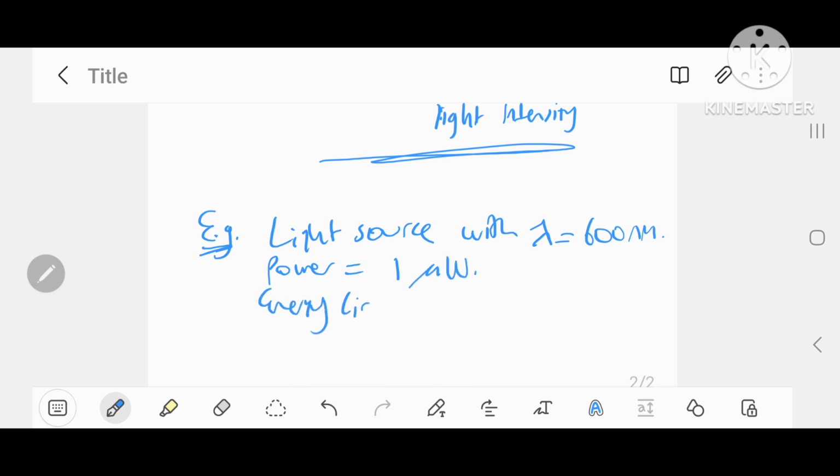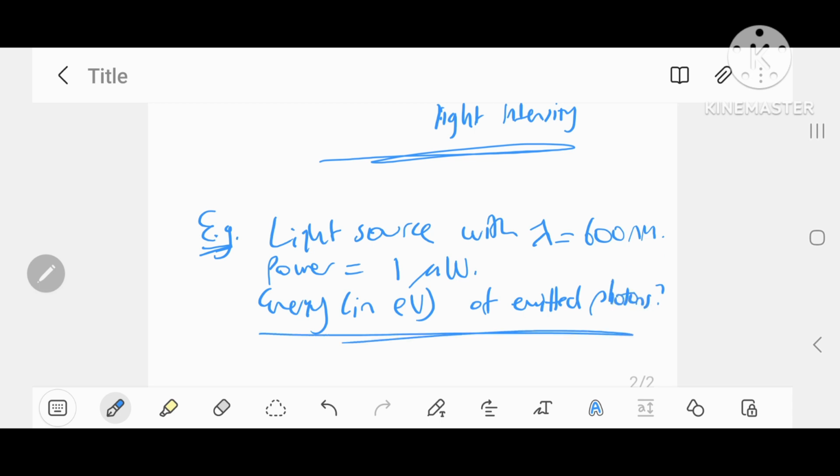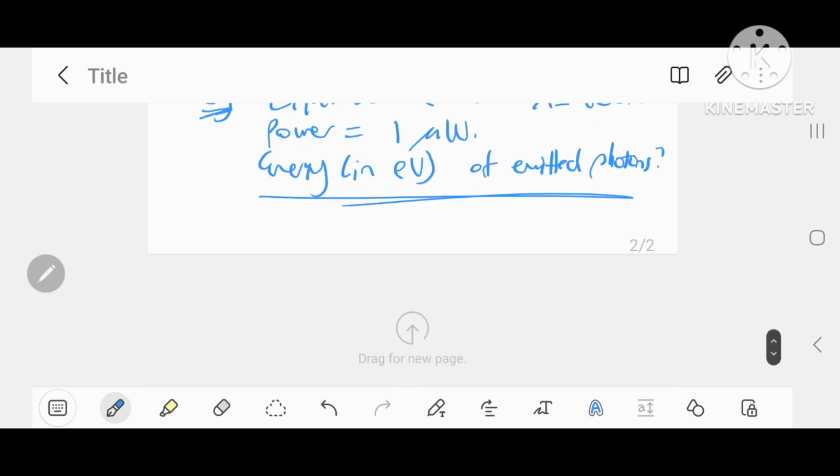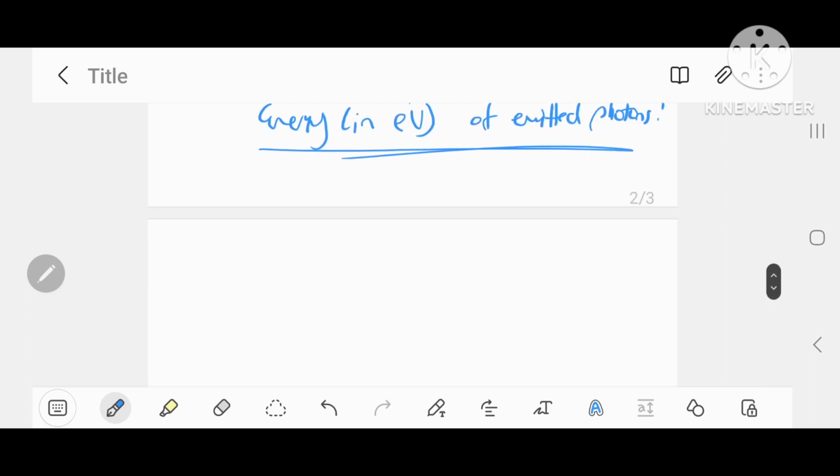What is the energy in electron volts of the emitted photons? So let's work this out. First things first, let's work out the energy.